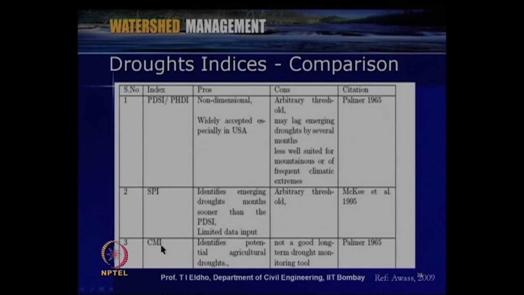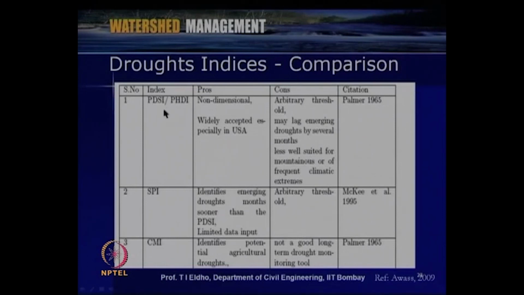And then the crop moisture index is mainly for agricultural droughts. It identifies potential agricultural droughts, and it is not a good long term drought monitoring tool, since the meteorological aspects are not included.